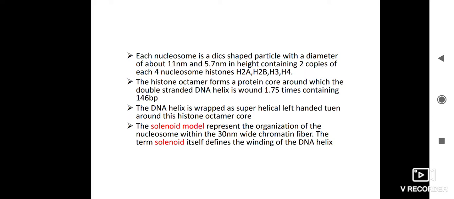The histone octamer forms a protein core around which the double-stranded DNA helix is wound 1.75 times, containing 146 base pair. The DNA double helix is wrapped as a superhelical left-handed turn around the histone octamer core.